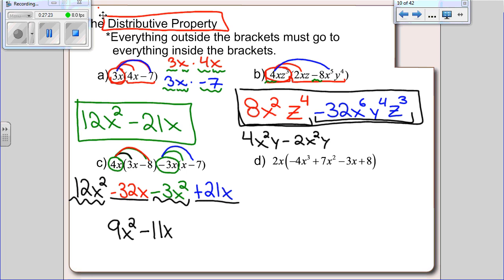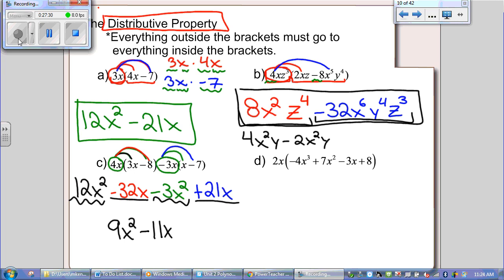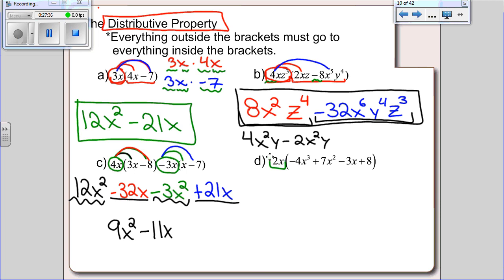I look at a question like this, and the first thing I do is I recognize I have a monomial times, because of the brackets, a polynomial, right? That's 4 terms all separated out. My strategy is still the same. Monomials times any amount of terms just need to be distributed in.